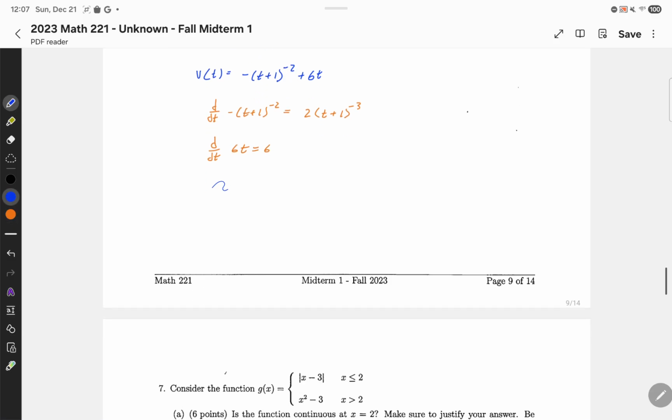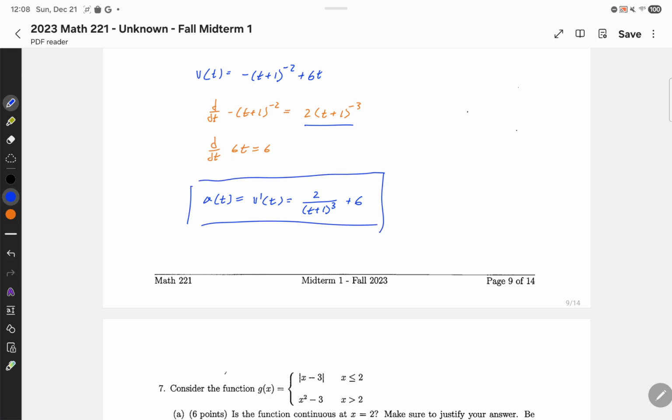So what we're going to be left with is that the acceleration function, which is the derivative of the velocity function, is going to be equal to 2 over t plus 1 cubed plus 6. And of course, you could write this fraction right here as the power of the negative exponent. Either way will be perfectly valid, and this is going to be our final answer.